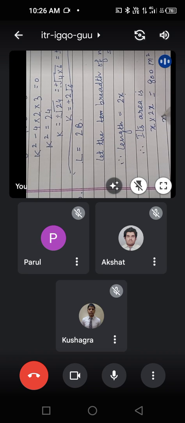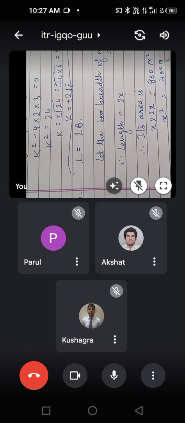So you'll get x square is equal to 400 meters square. So x is equal to 20 meters, because the side of any mango grove cannot be negative. We'll take the positive value. So x equals 20 meters.